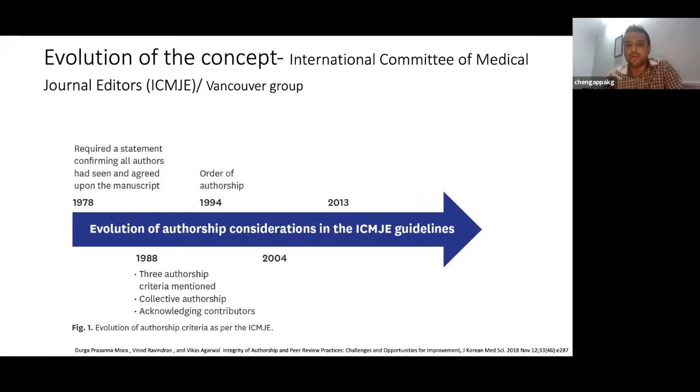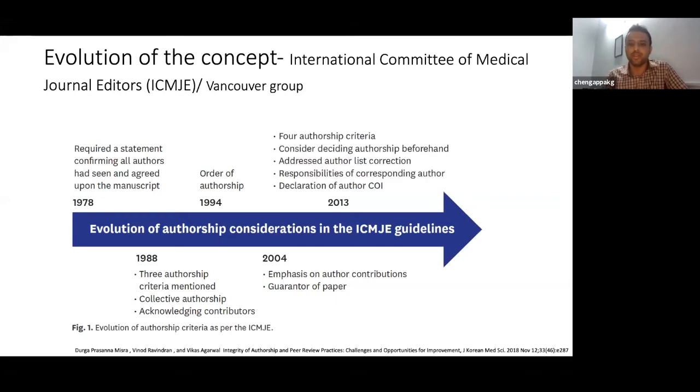In 1994, order of authorship became important, who is the first author, second author, and so on. And in 2004, emphasis on author contributions or guarantor of the paper, now also known as the corresponding author, became mandatory. And in 2013, the 4 authorship criteria came into place.